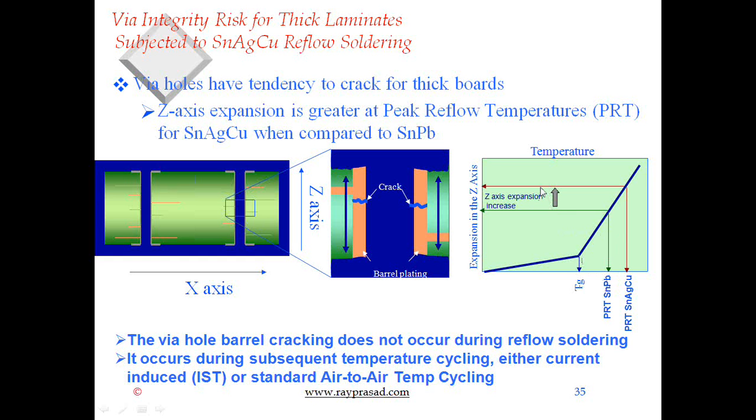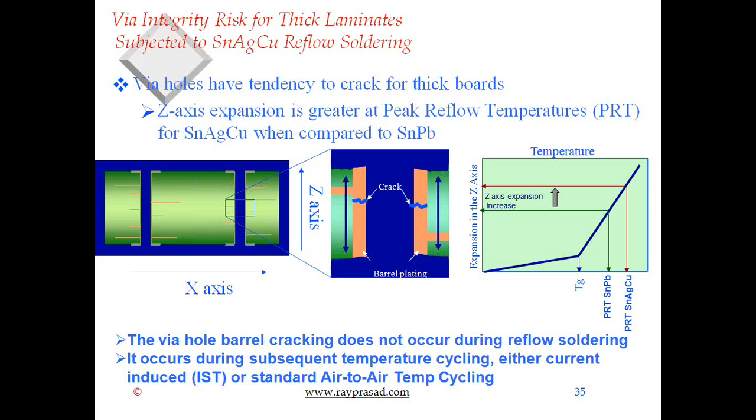What that basically means is that if you are using whatever laminate for PCB for tin lead, and then tomorrow you start using the lead-free process with the same laminate, you're basically increasing the potential that this via will crack in the laminate. So it's not the solder joint cracking, but the laminate cracking, the via hole cracking, and you have the same result just like solder joint cracking.